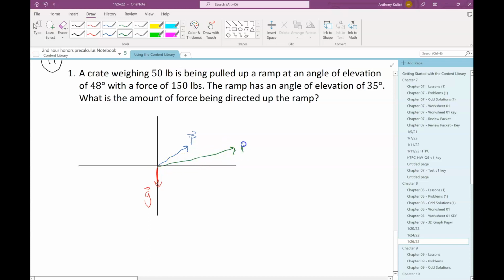I'll call that vector R. So the magnitude of G, we're told, is 50 pounds. And the angle for G is clearly just 270. The magnitude of P is 150, and our angle for P is just 48 degrees.